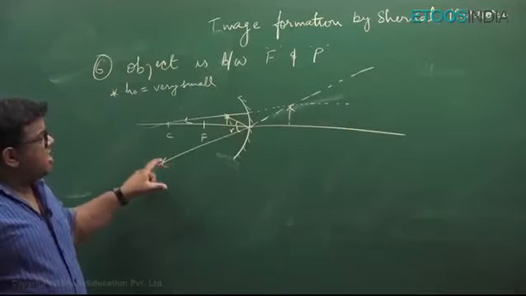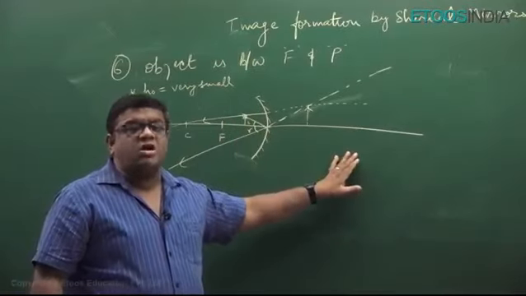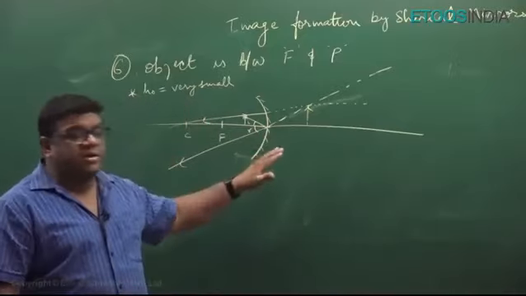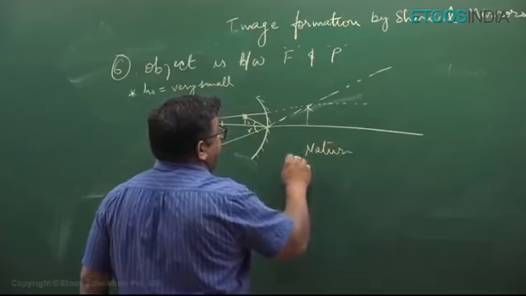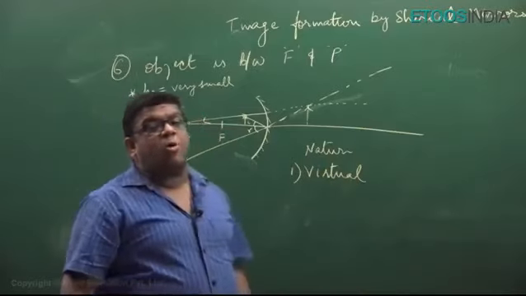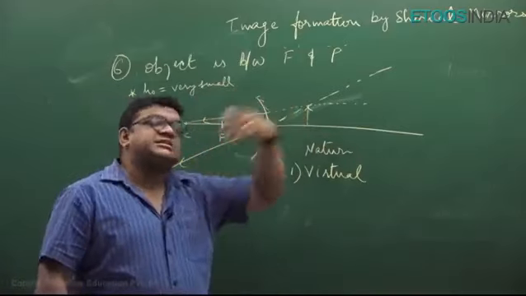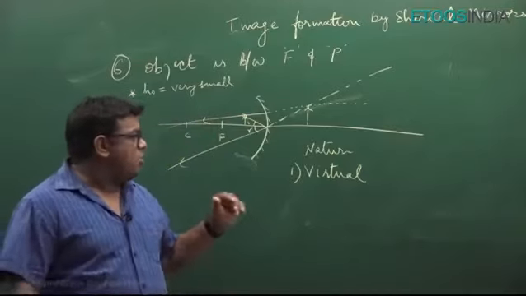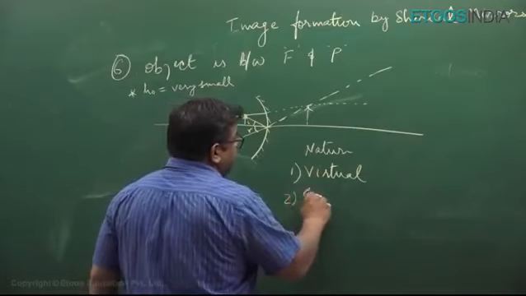So, now the image formed is inside the mirror, or behind the mirror. And remember, whenever the image is formed behind the mirror, it is always virtual. That means it cannot be obtained on a screen. This image will be seen just here, inside the mirror only. I'll never be able to obtain it on a screen. Now, if it is virtual, then definitely it is going to be erect.